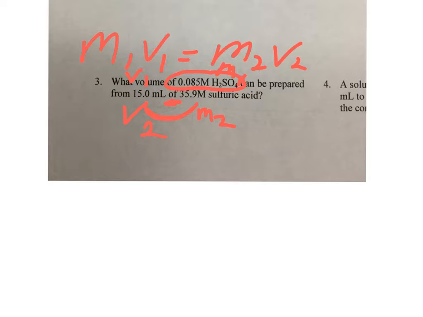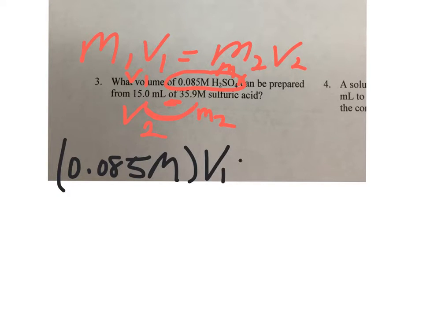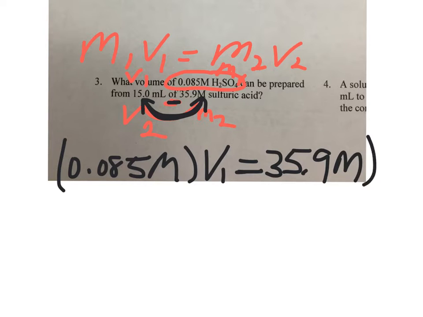So now all you're going to do is plug in. My M1 is 0.085 molarity, and I'm looking for V1, right? Now that little "of" means that these two go together on the same side. So my M2 is what? 35.9 molarity, very good.